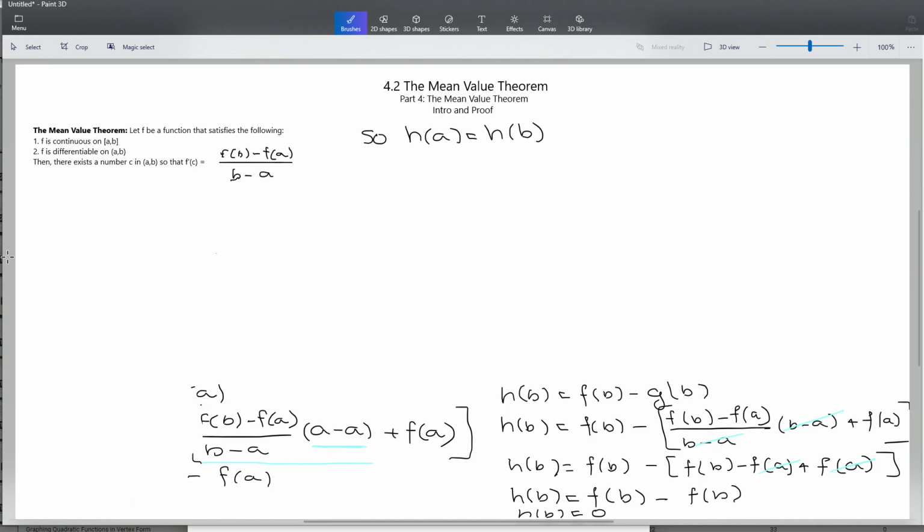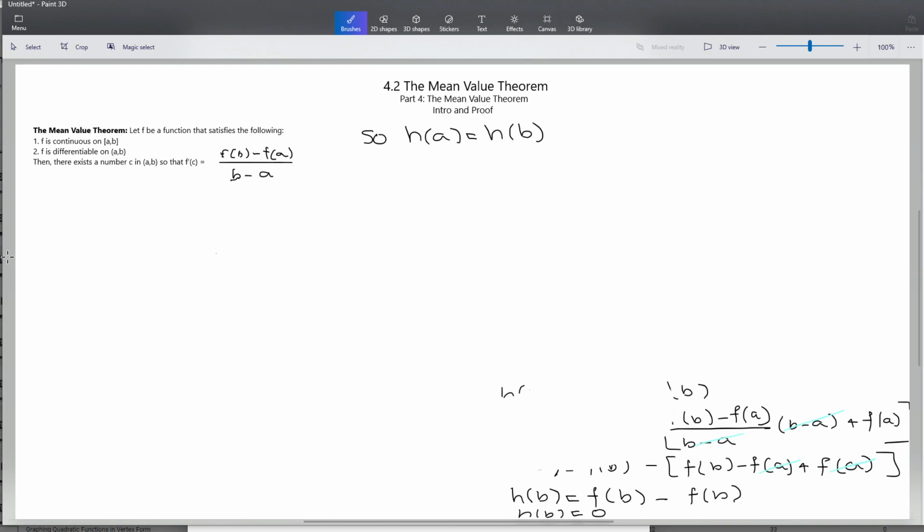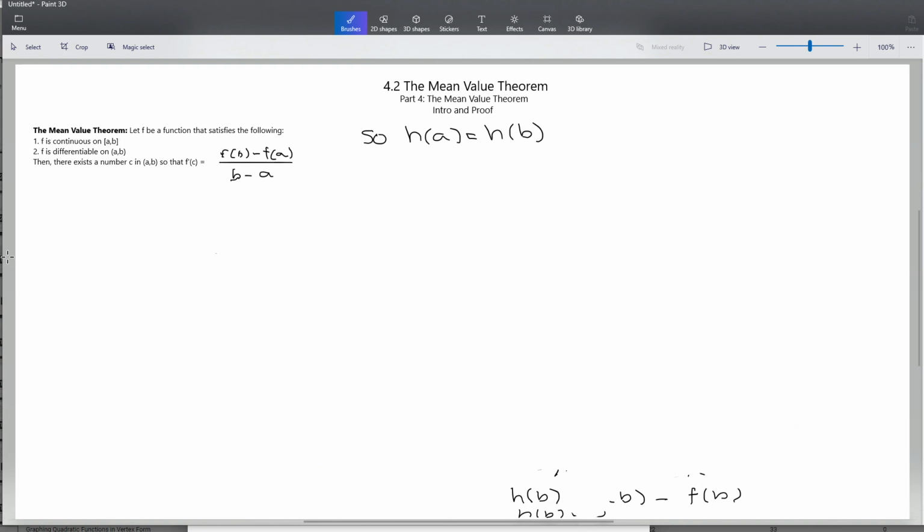Okay. So now that we have that, again, right, we know that it's continuous on the closed interval, it is differentiable on the open interval, and that the endpoints are equal.